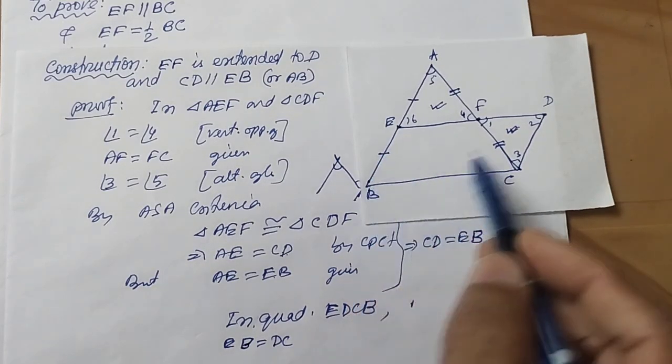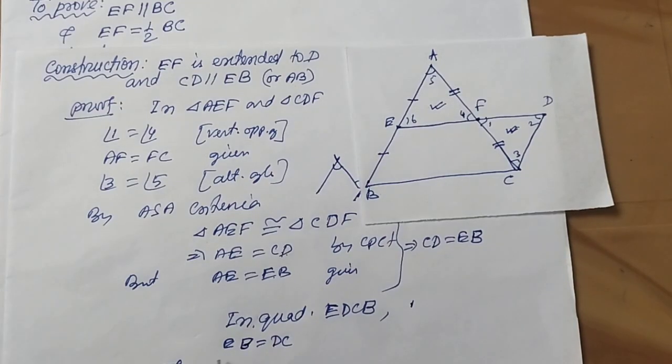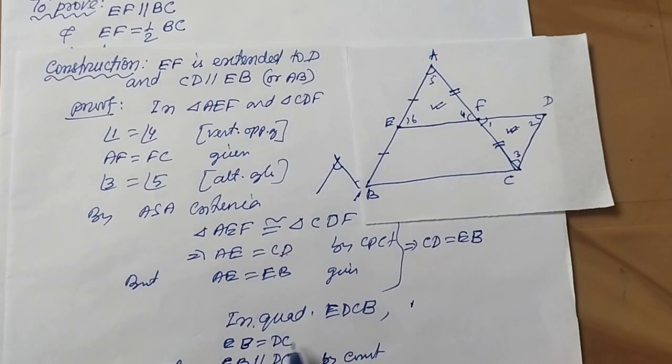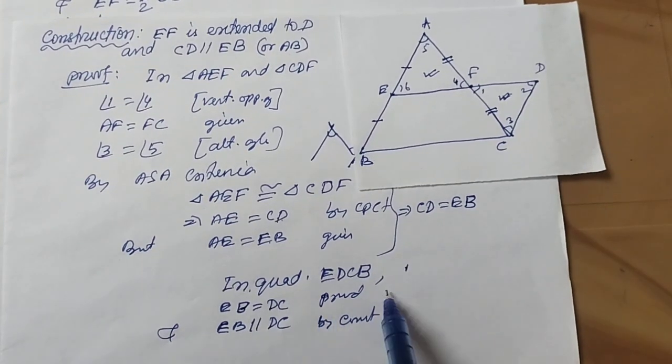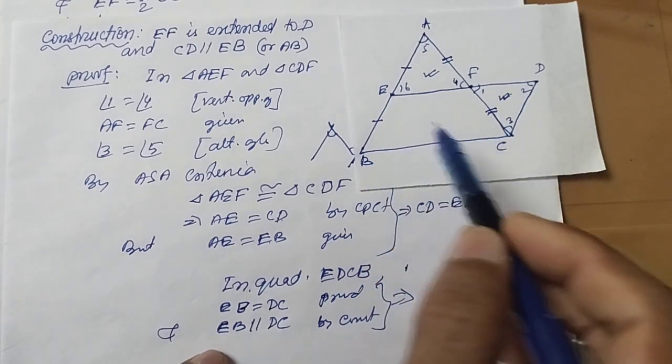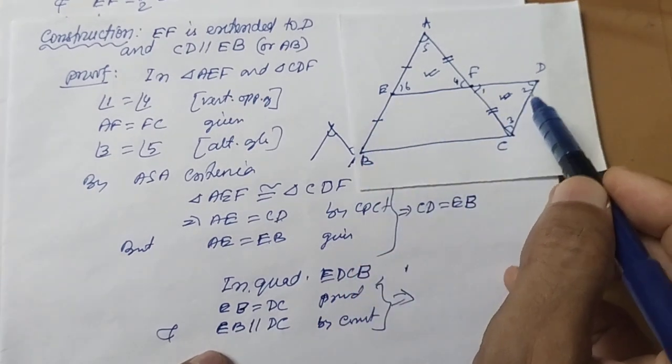And also EB is parallel to DC. This is by construction. We have constructed CD parallel to EB, and EB equal to CD is also proved. So we got these two conditions: EB is equal to DC and also EB is parallel to DC.